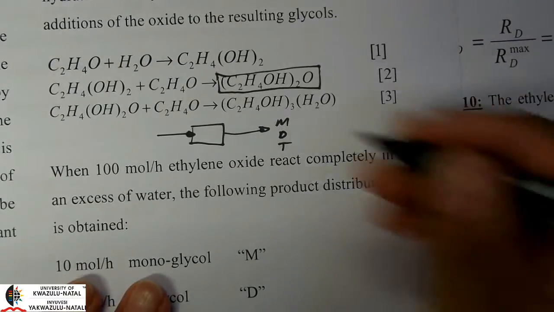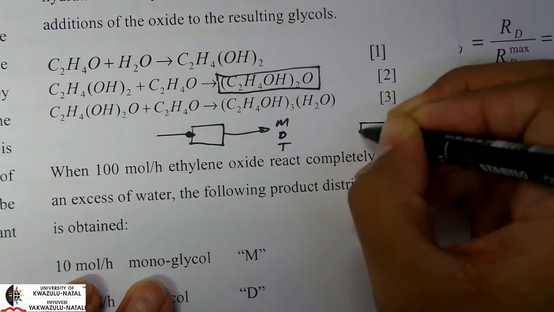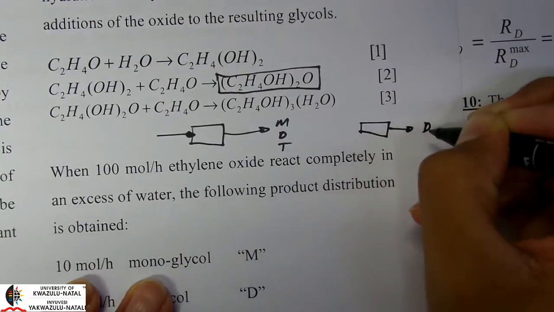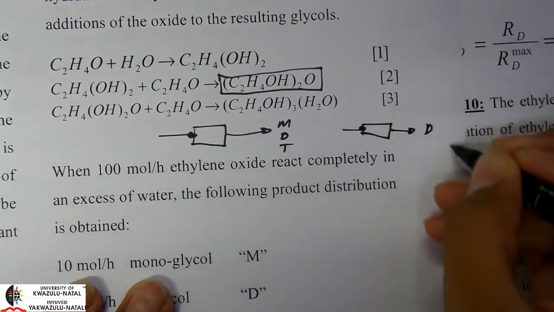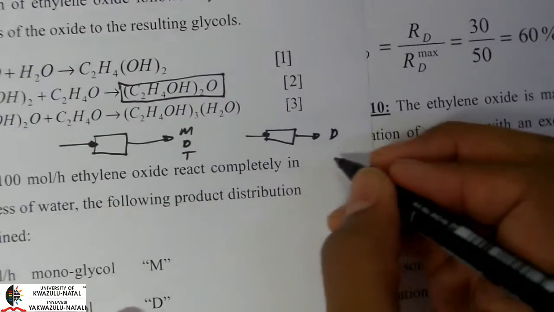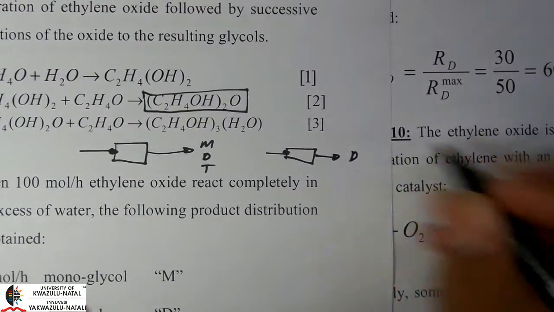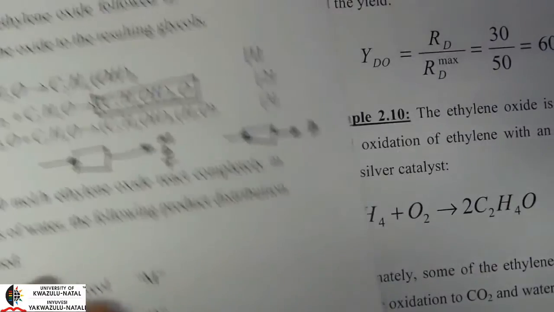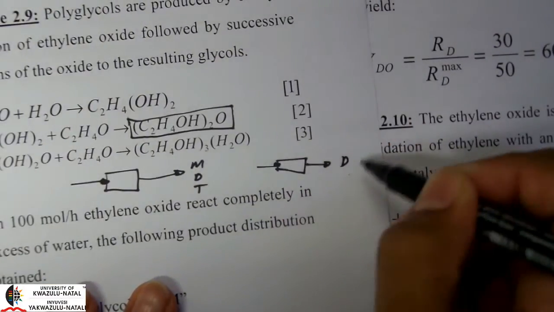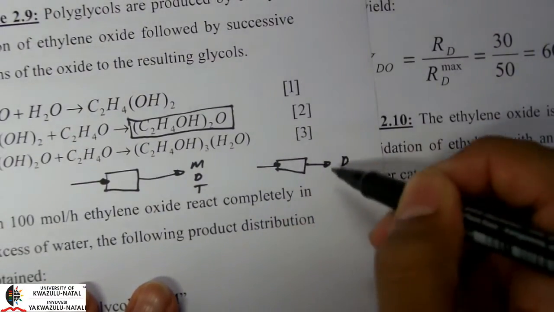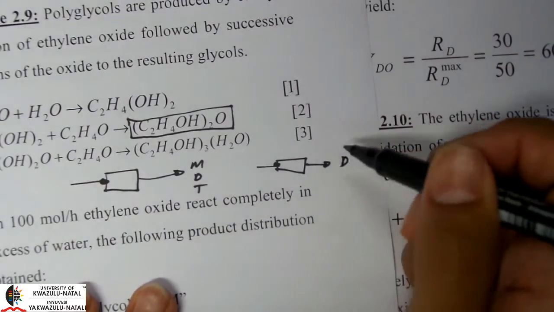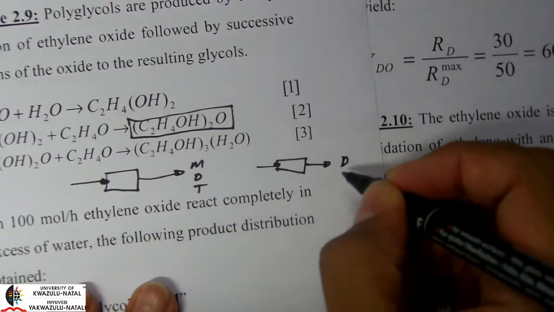The ideal case would be if only diglycol came out of that reactor. Okay, so that's the ideal case. So let's perform a balance on the ideal case, and that will allow us to obtain the maximum production rate, or Rmax, of our diglycol.